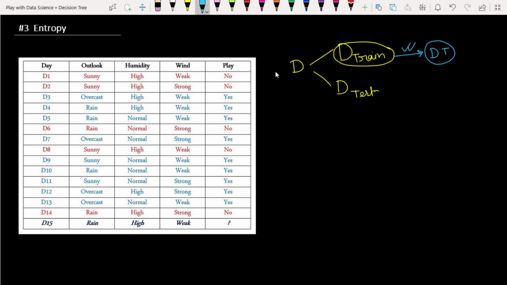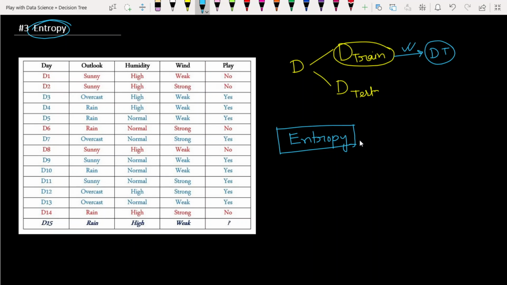Now to build a decision tree, we need to know one concept, that is the entropy concept. So what is entropy? Entropy is itself a subject in information theory.